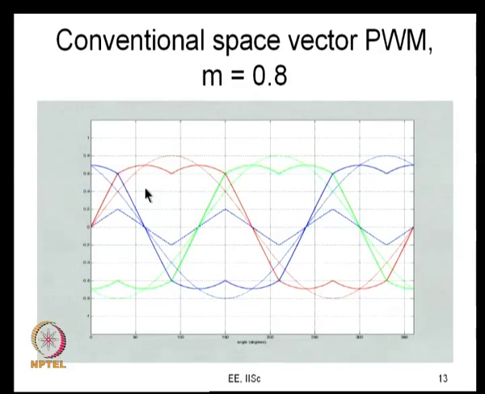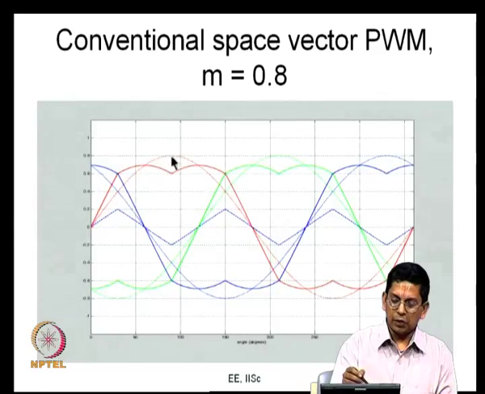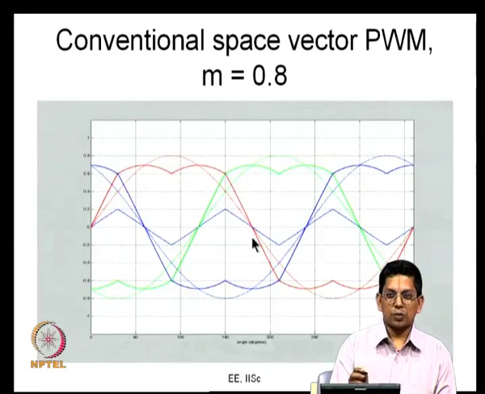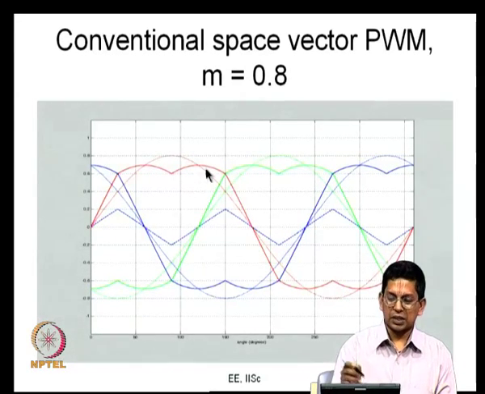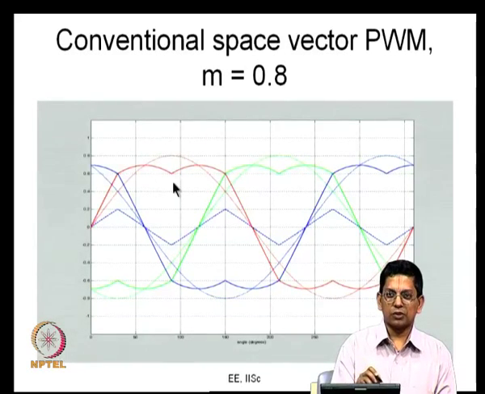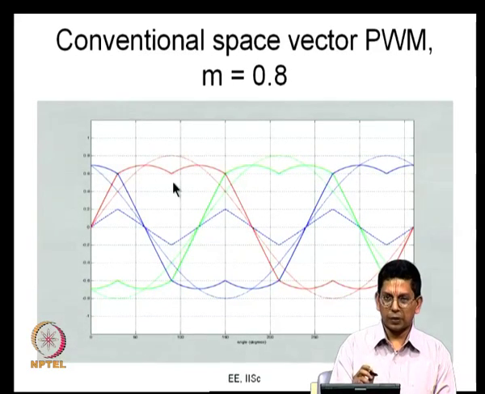You add that common mode signal to your R phase sine wave, and it becomes a modified waveform as shown here. That is your modified modulating signal, your MR star. Similarly, here is your MY star, and here is your MB star. You compare these with the triangular carrier to produce space vector PWM. This is a very, very efficient way of doing it.